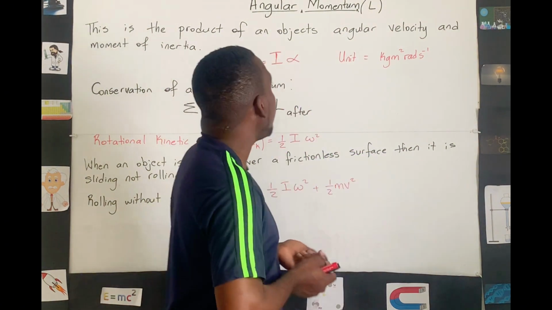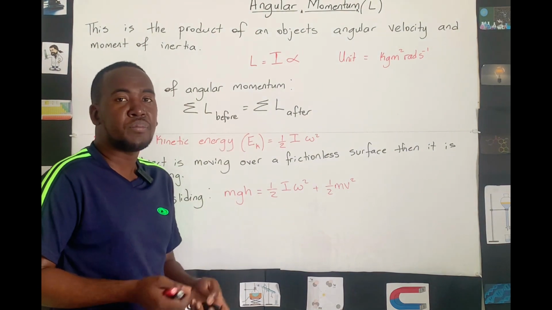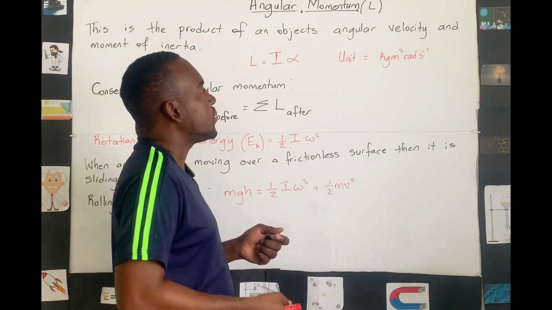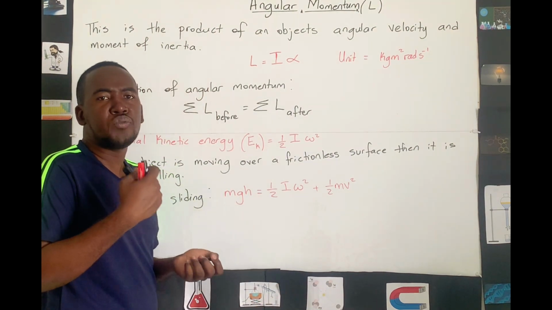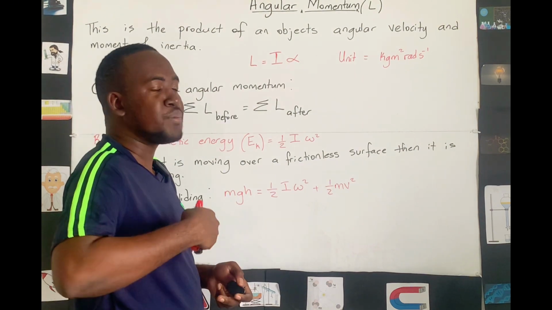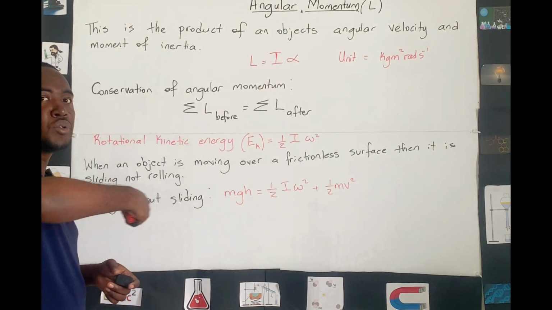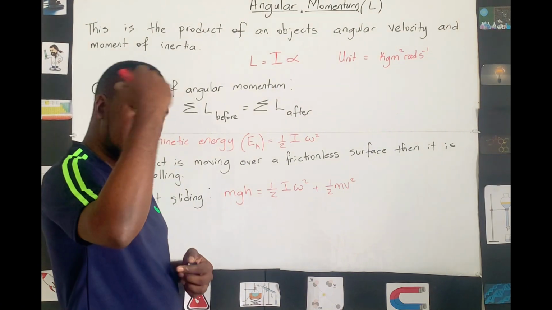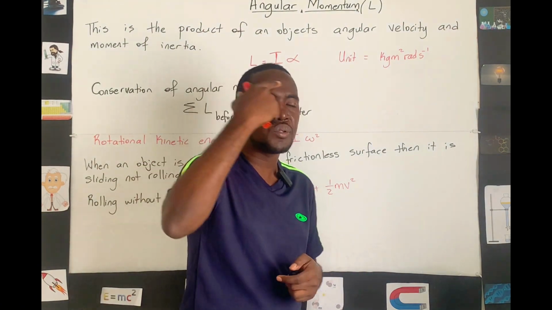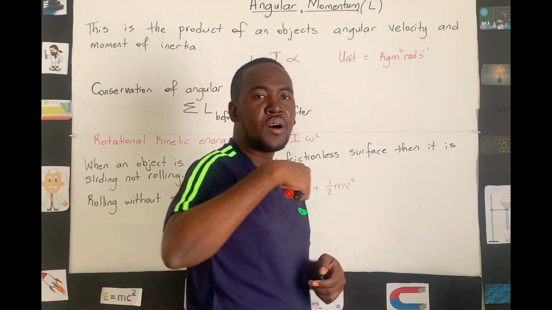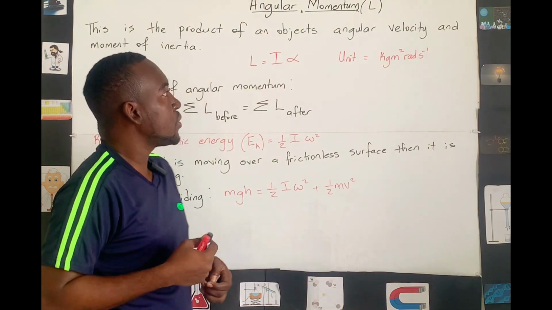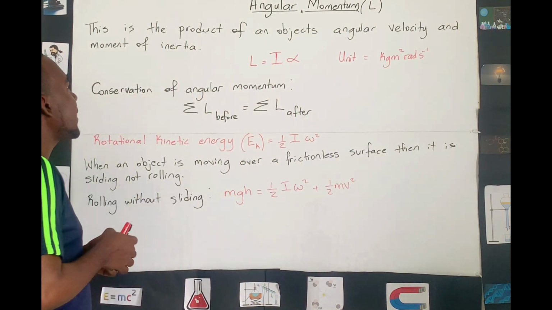Now, angular momentum is the same effect of objects moving, but this time in an angular motion, which means it's moving in a circular motion. It's either rotating, sliding, or making a circle.